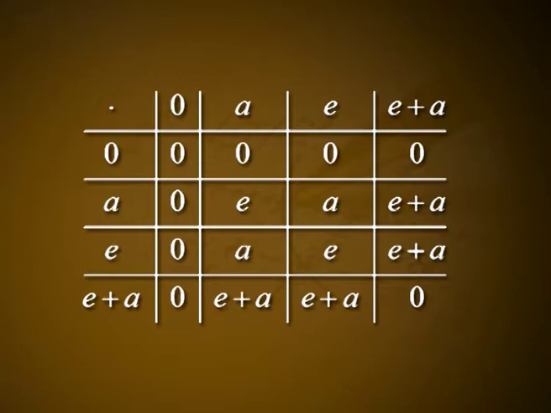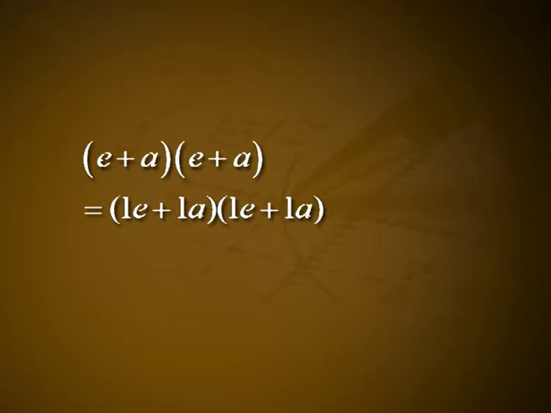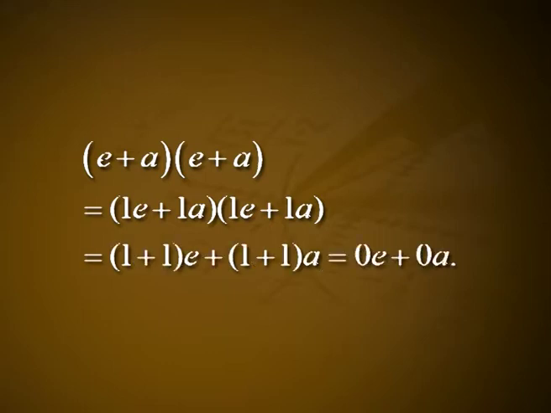Fourth row: (e + a)·0 = 0, (e + a)·a = e + a, (e + a)·e = e + a, (e + a)·(e + a) = 0. In the above, note that (e + a)(e + a) = (1·e + 1·a)(1·e + 1·a) = (1 + 1)e + (1 + 1)a = 0·e + 0·a.